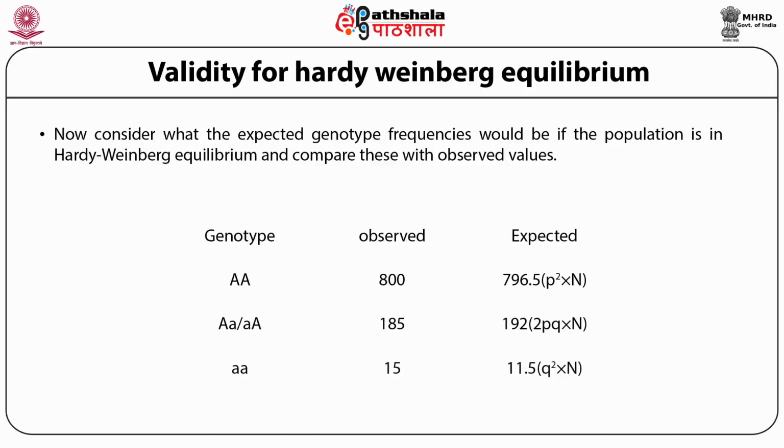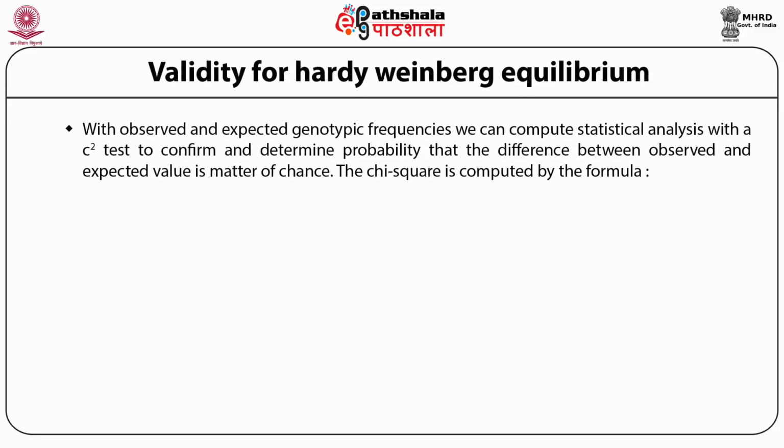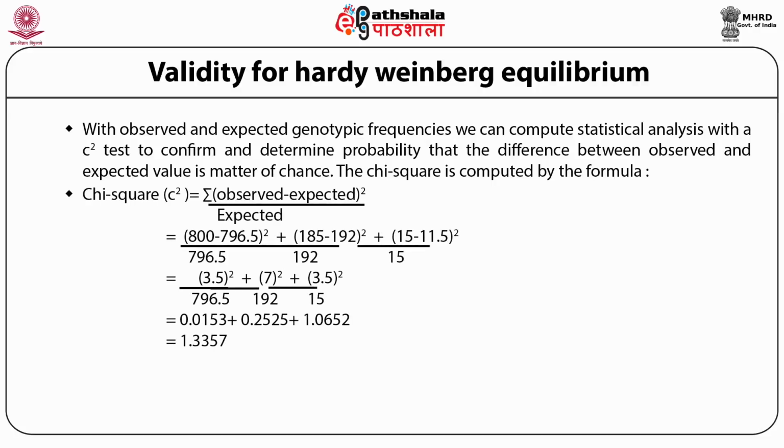Likewise, we can calculate the expected genotype frequency for heterozygous capital A small a individuals and homozygous small a individuals. With observed and expected genotypic frequencies, we can now perform a chi-square test to determine the probability that the difference between observed and expected values is a matter of chance or not. The chi-square is computed by the formula of the summation of observed minus expected, squared, divided by expected.